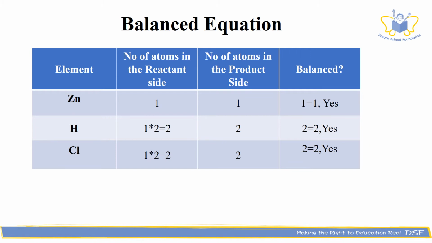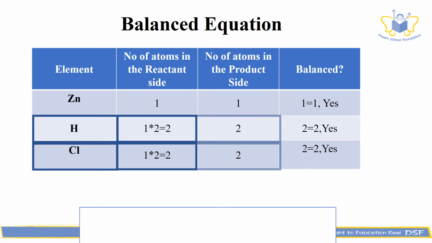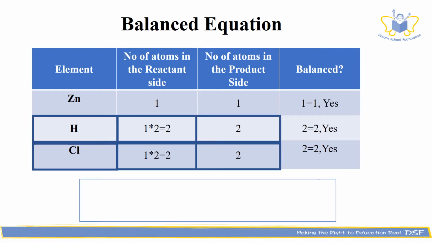To do that, we have to multiply by a coefficient of 2. If we multiply 2 for hydrogen and chlorine, it will be balanced in the reactant side. So hydrogen and chlorine will be 2 and 2, same as in the product side.